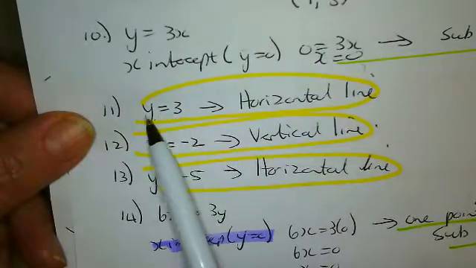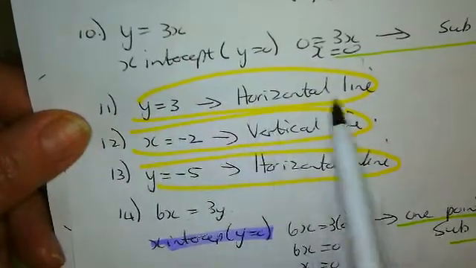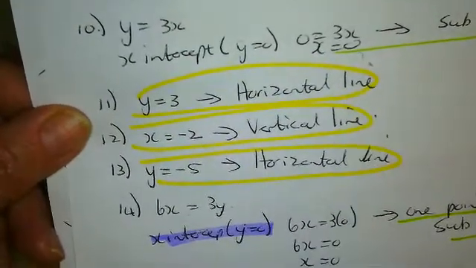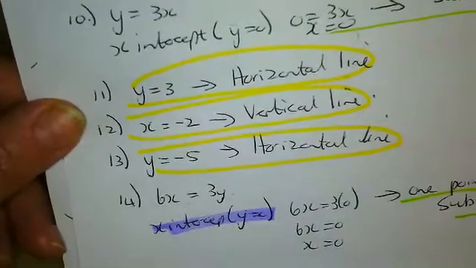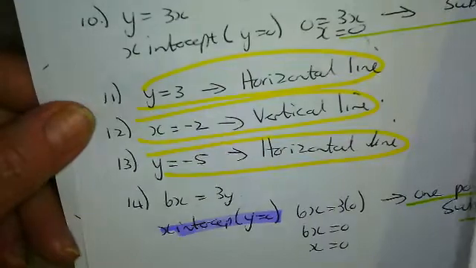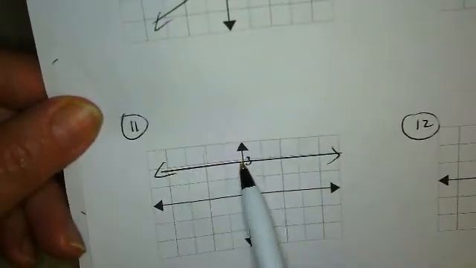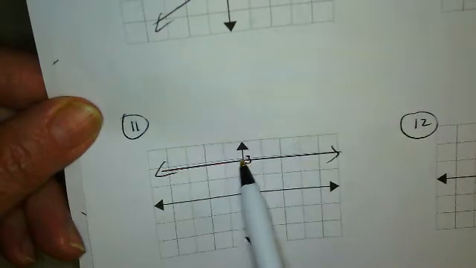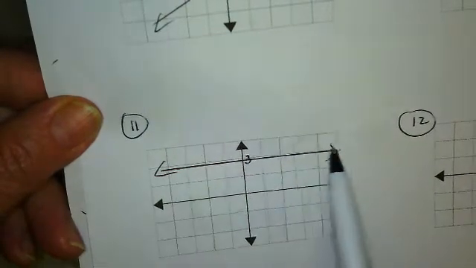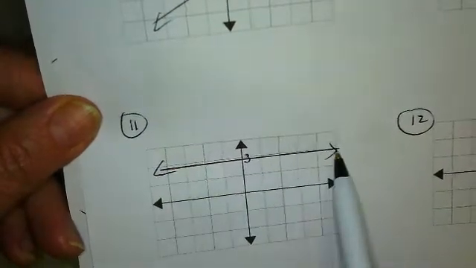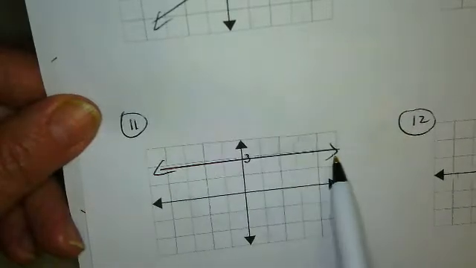You use only one y value, so it forms a horizontal line. So how will you sketch that one? You will go to your graph and see where y is equal to 3. So that's my y point. All the y values will be the same. Can you see that? So it's a horizontal line. So that's y equals 3.